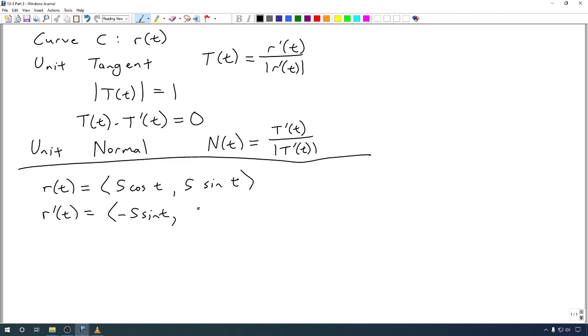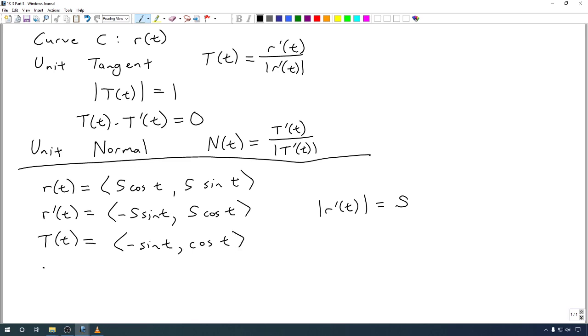The derivative of 5 sine is going to be 5 cosine. I'm going to have to divide by the magnitude of r prime. But the magnitude is pretty easy to find because if we square this and add it to the square of that, we really just get sine squared plus cosine squared. That gives us a 1, and so we end up overall with a 5. So really all we're doing when we divide out by the magnitude is getting rid of the 5's. So we get negative sine of t, cosine of t.